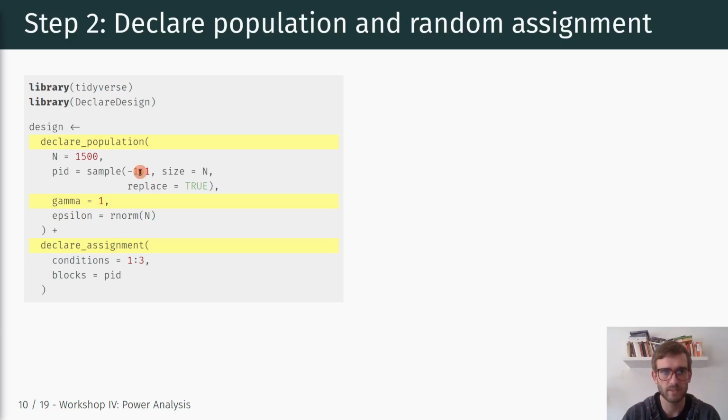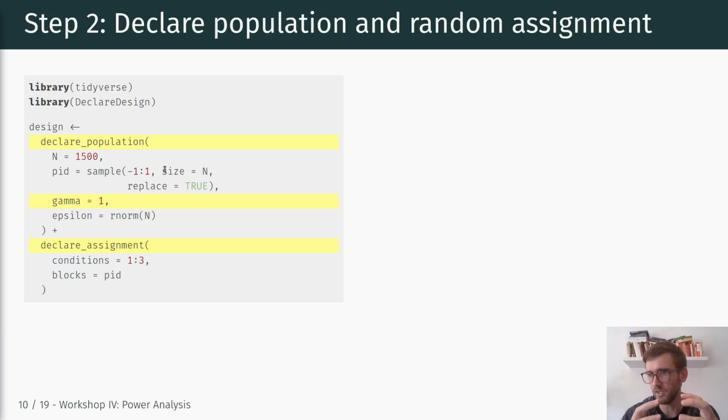We will set this as a 3-category variable where we sample with replacement with equal probabilities, either -1, 0, or +1. Okay, and we will later recode those as Republican, Democrat, or independent party identification.